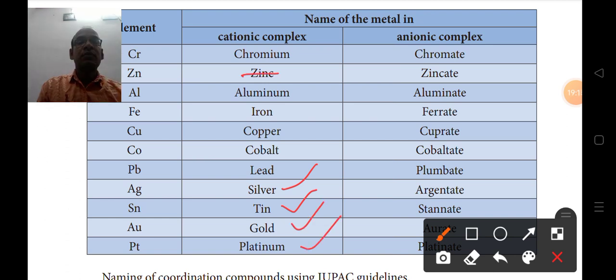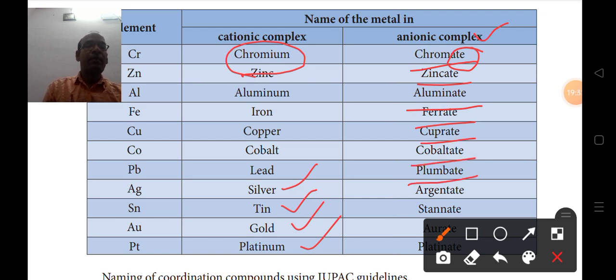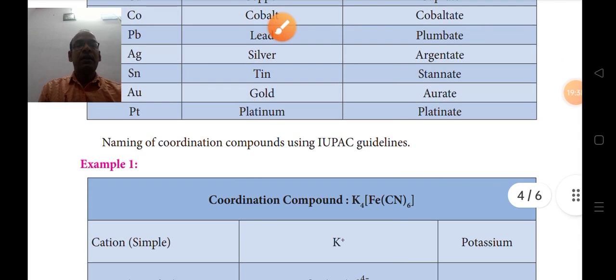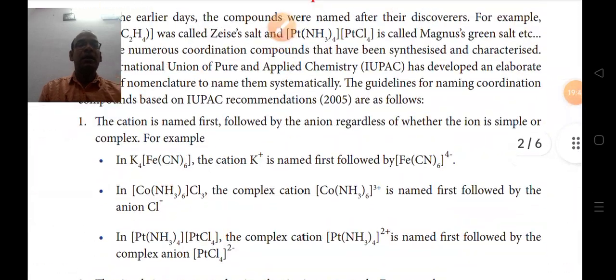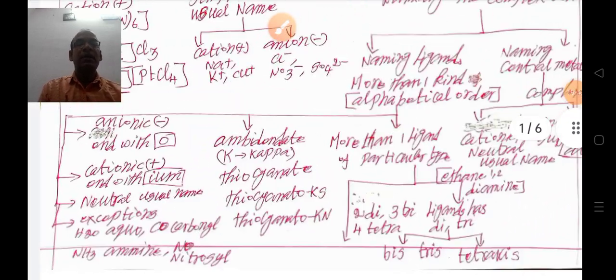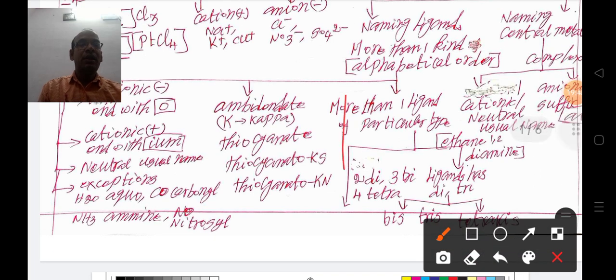Suppose this chromium is in an anionic complex, it ends with ate, that is chromate. Zinc is zincate, aluminate, ferrate, cuprate, cobaltate, plumbate, argentate, and so on. In this case, the important points are summarized. Do not memorize, simply read one time. Using those points we can give the name.